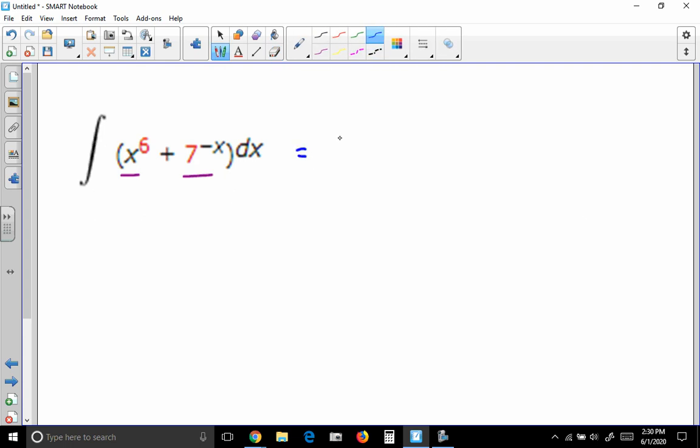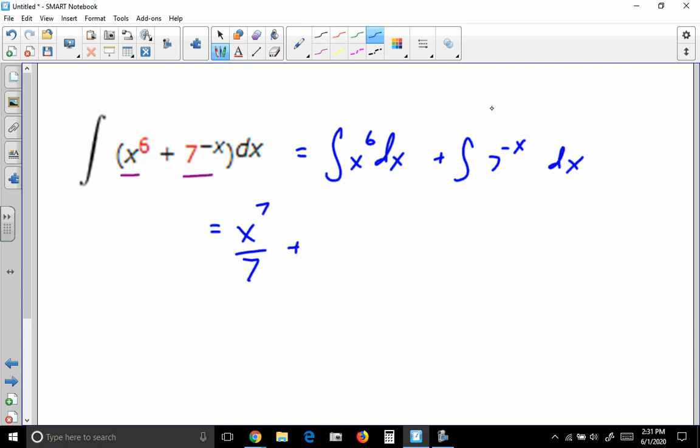So, you don't have to rewrite it, but you can rewrite it into two separate integrals: the integral of x to the 6 plus the integral of 7 to the negative x dx. So we integrate the first one, that's x to the 1 greater power over that power. When we integrate this one, that's a to the u.